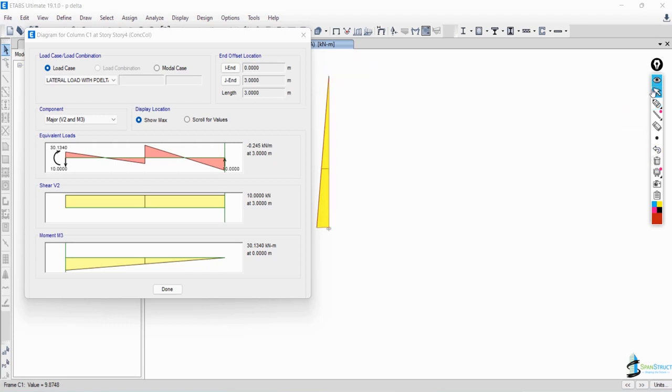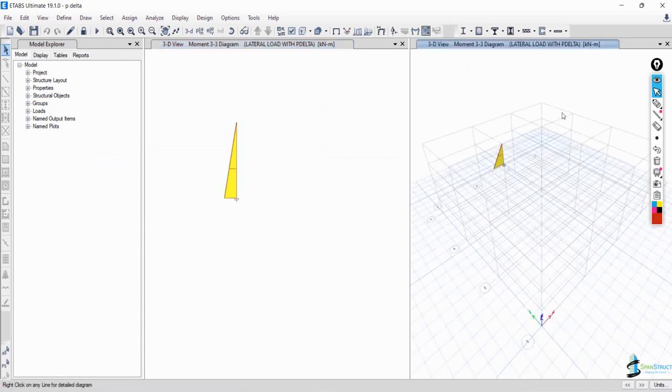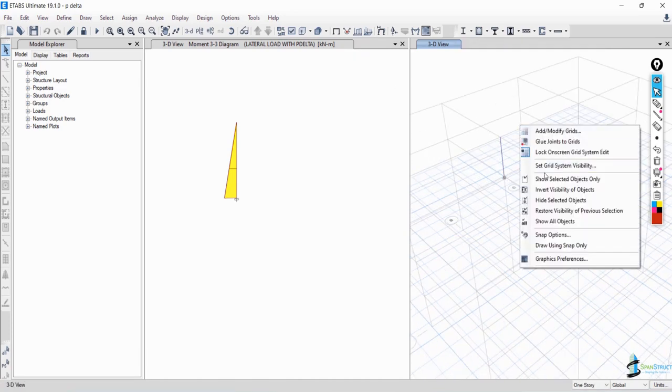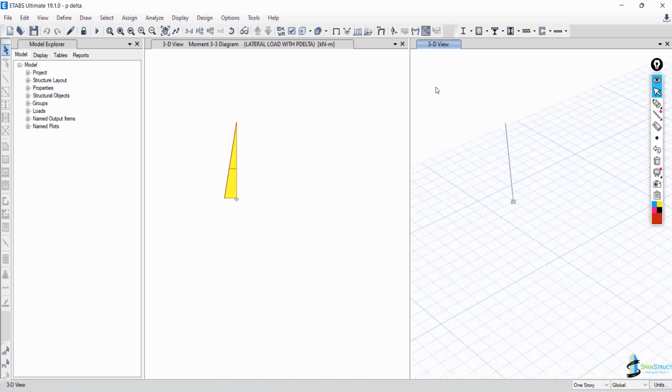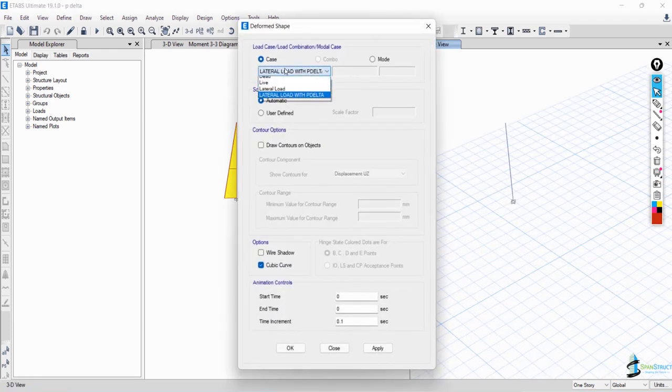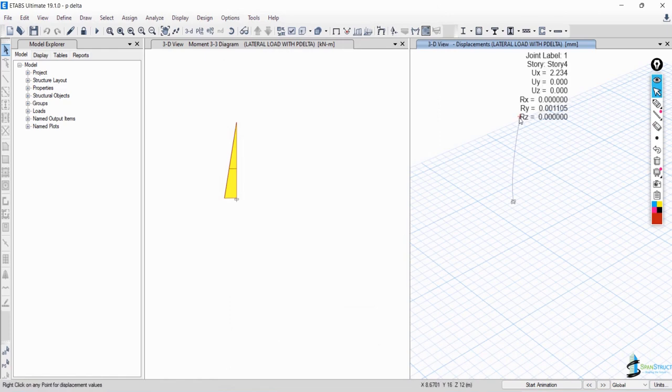Now, to look at the deformation, I will open a new window. Go to show deformed shape, select the lateral load with P-delta, and apply it. Now look at the deformation we are actually getting.